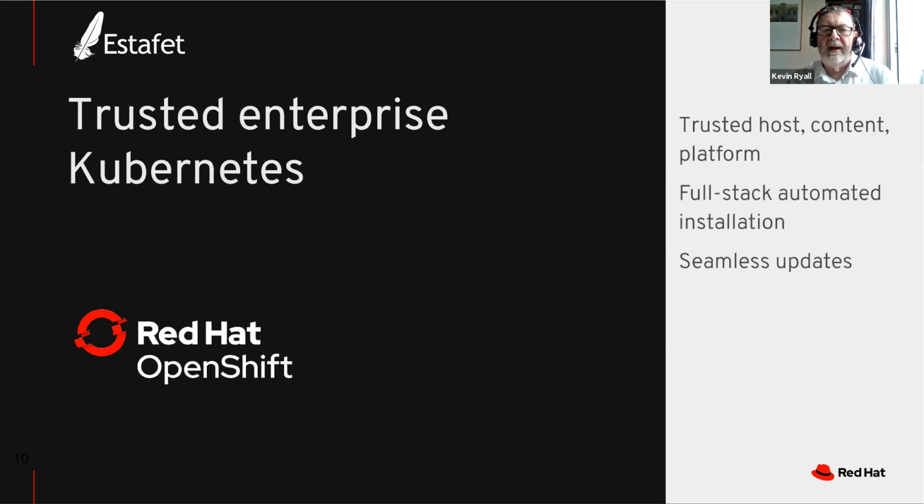It contains extra things such as full stack installation, automated, seamless updates, and various other things that make it a sort of enterprise hardened version of Kubernetes. And yeah, you can still use Kubernetes, but OpenShift gives you more, and hopefully this will persuade you of that.